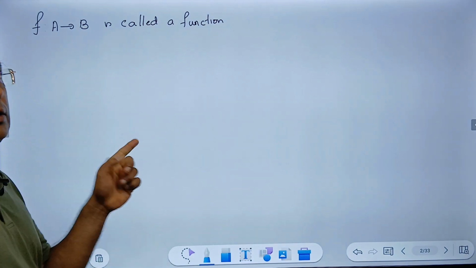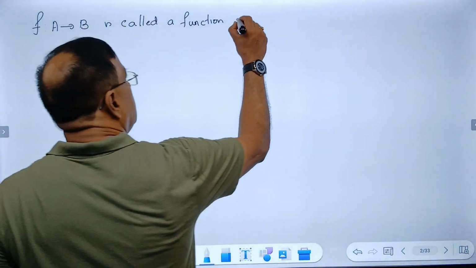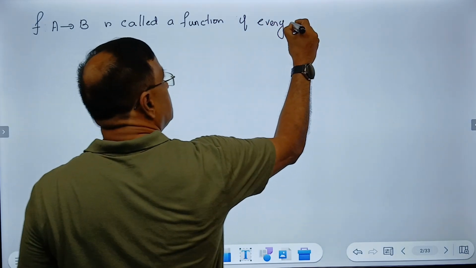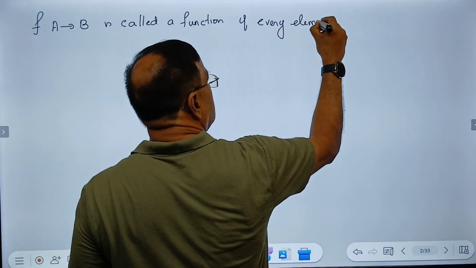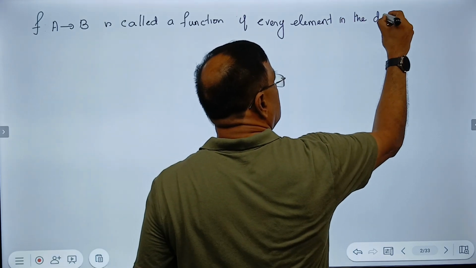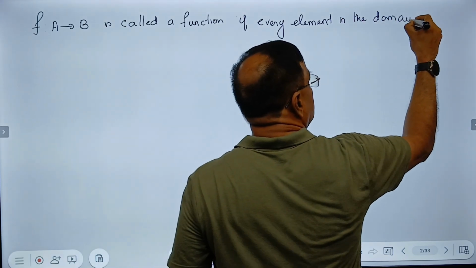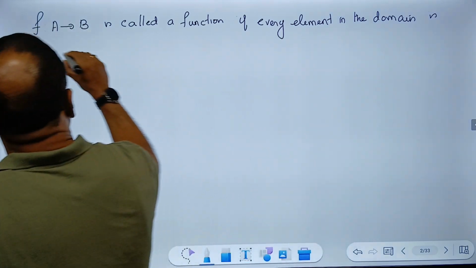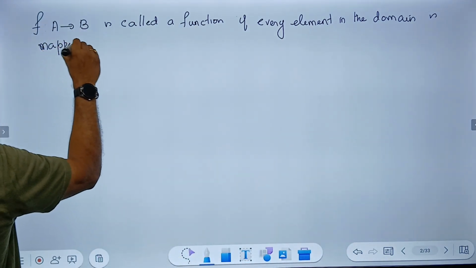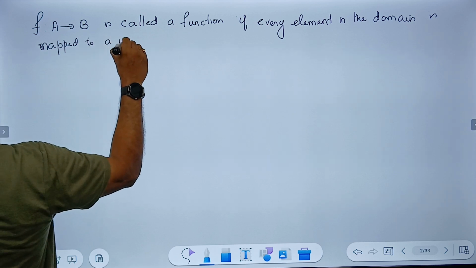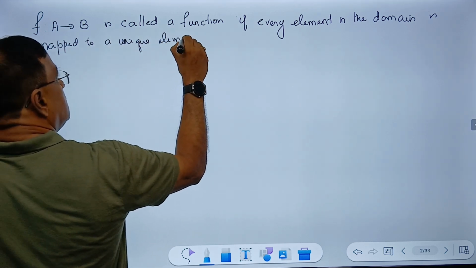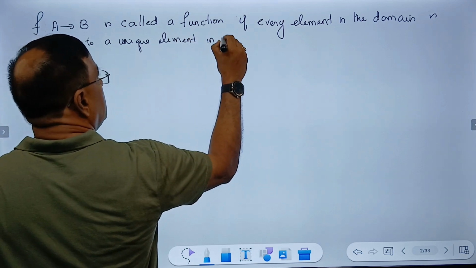A relation is called a function when every element in the domain is mapped to a unique element in the codomain.